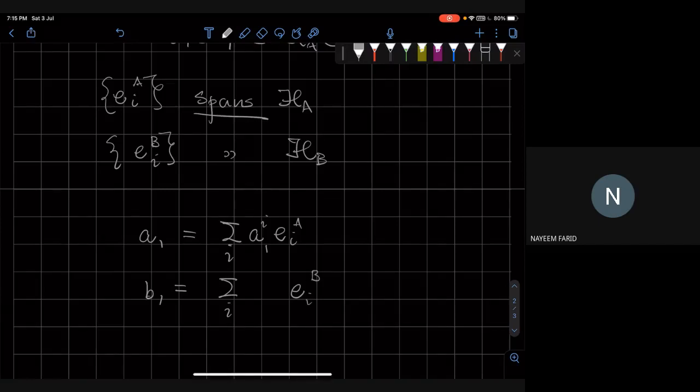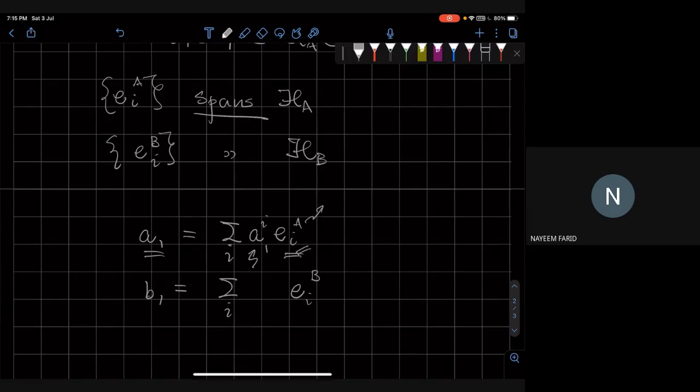Here i tells you which of the basis vectors we are talking about. This is telling me what system it is, and this is telling me the component of that vector in that basis, okay?